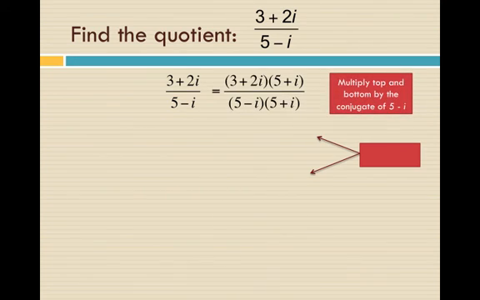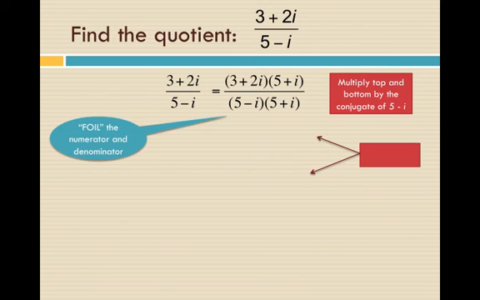So here, the complex conjugate of the denominator is 5 plus i. So note, I'm going to multiply the top and the bottom by 5 plus i. Again, just like I've been doing with multiplication of complex numbers, I'm going to FOIL the top and the bottom.